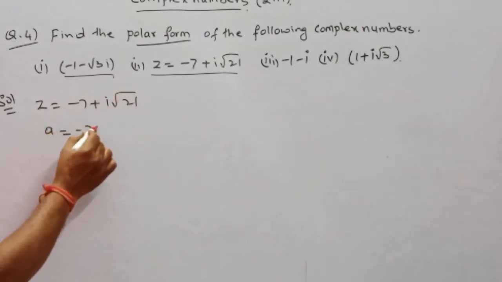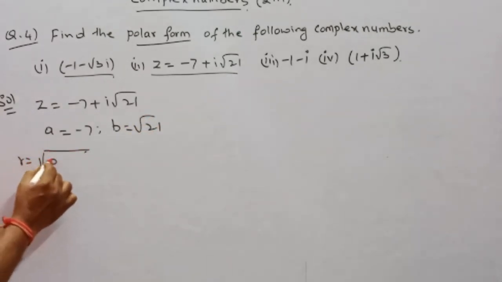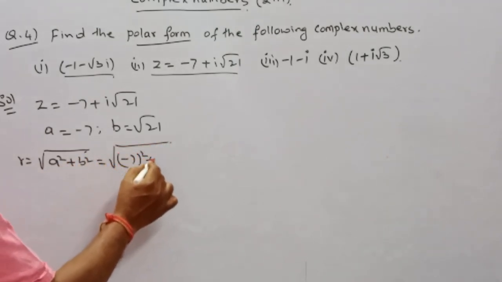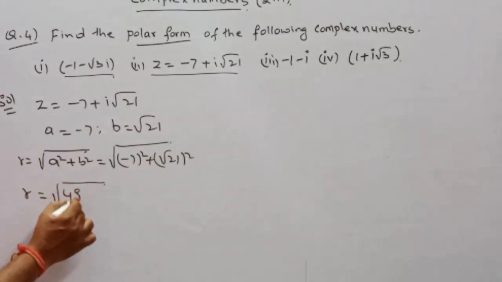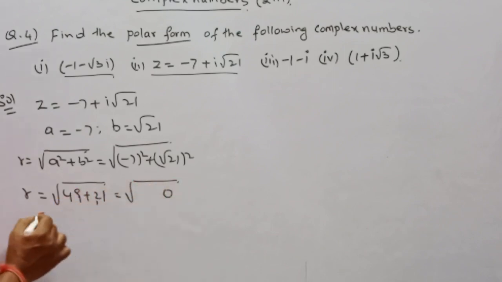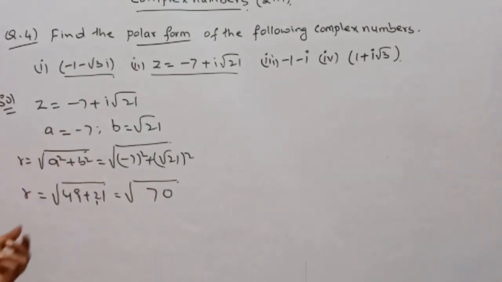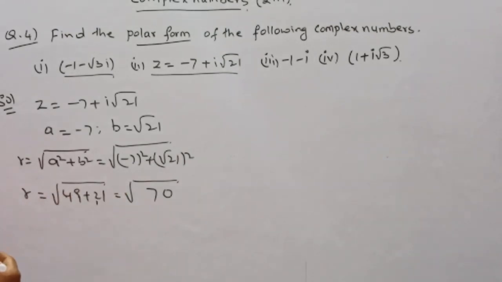Here a is equal to minus 7, b is equal to root 21, and r is equal to root over a square plus b square, root over minus 7 whole square plus root 21 whole square, which is root over 49 plus 21, that is 70. So root 70 is the r value.